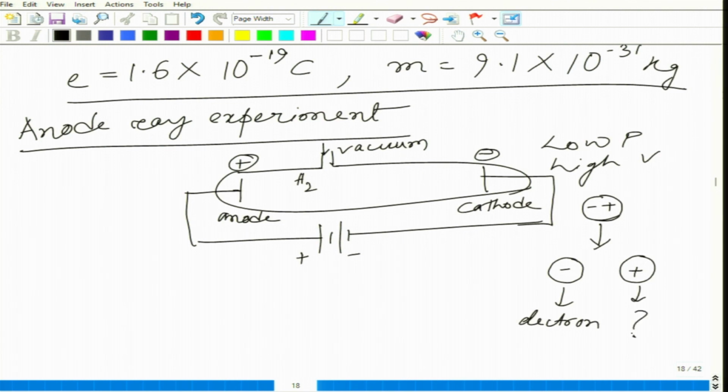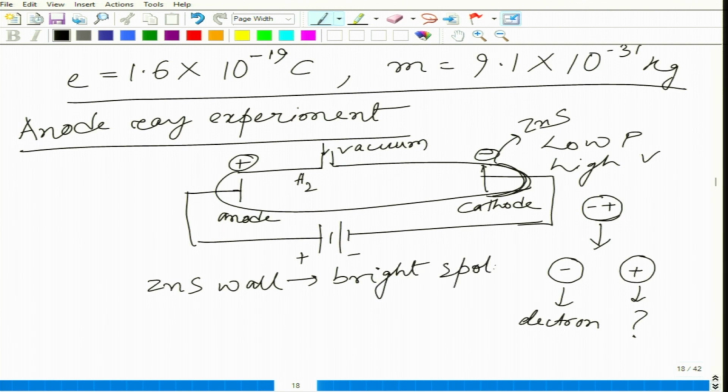What is this? In this experiment, what was observed? Here also the cathode was kept perforated and the wall behind the cathode was coated with zinc sulfide, and similar results were obtained. The zinc sulfide wall showed a bright spot or fluorescence.